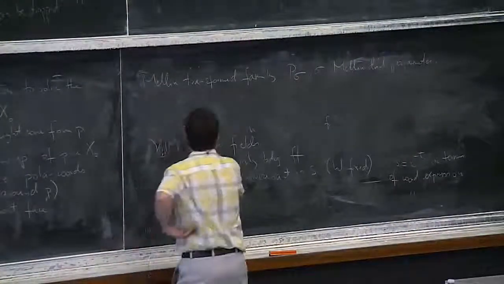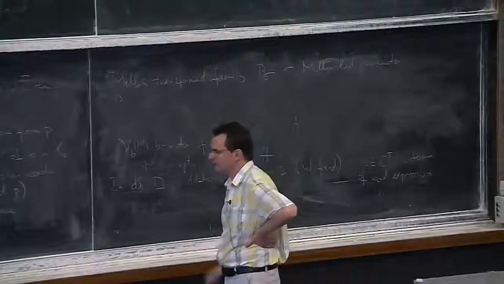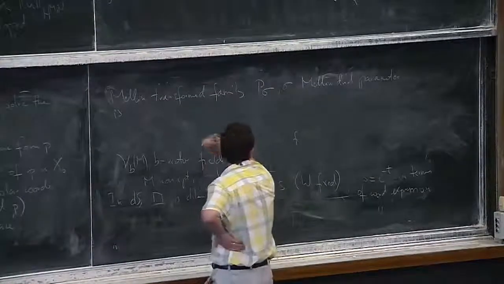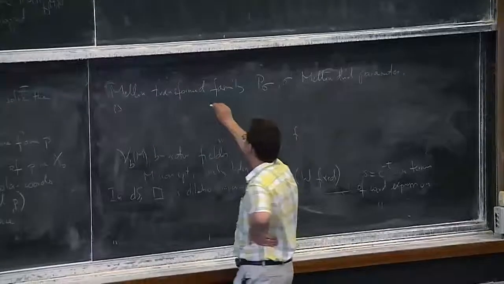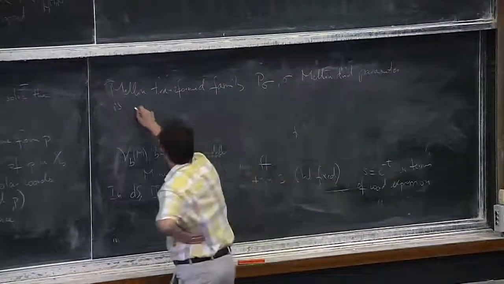It's not exactly the same. It would be the same if you look at the Klein-Gordon equation with a particular mass, and you're looking at exact de Sitter space. But anyway, if you look at the Mellin transform family P sigma, this is of the same general form.